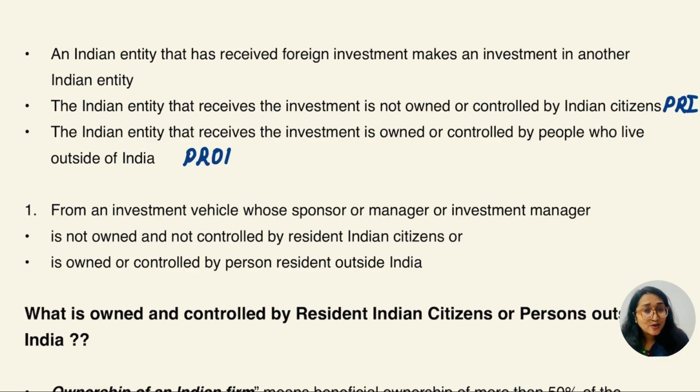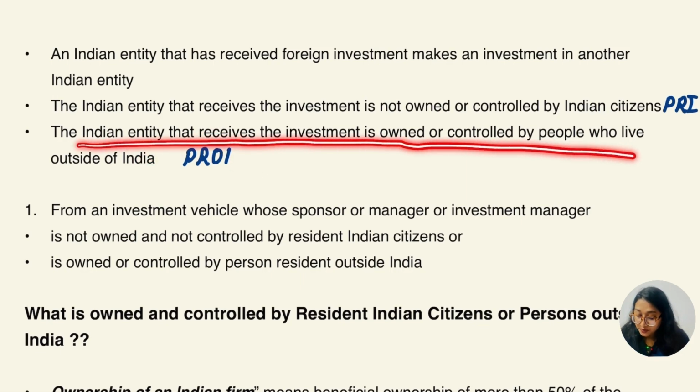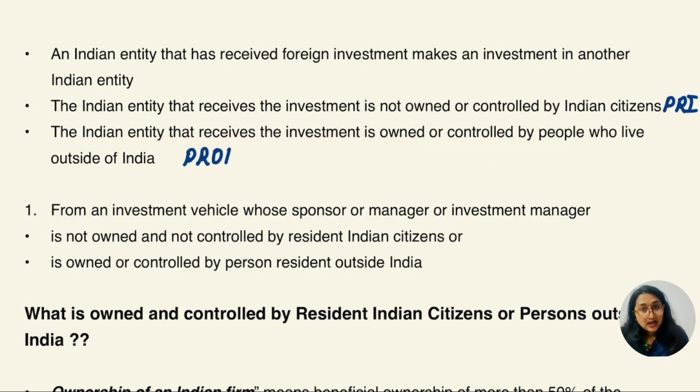So which people are going to control this company? PROI. The Indian entity that received the investment is owned and controlled by people who live outside India. The company is in India, but it is owned and controlled by a person resident outside India, PROI.